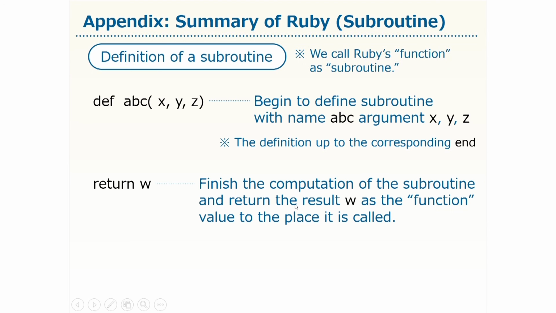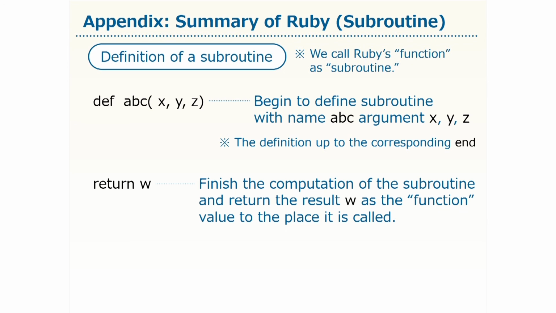Let's summarize how to write a subroutine. You write def, and then the text until the corresponding end is the definition of the subroutine. The name of the subroutine is written next to def, as you can see.